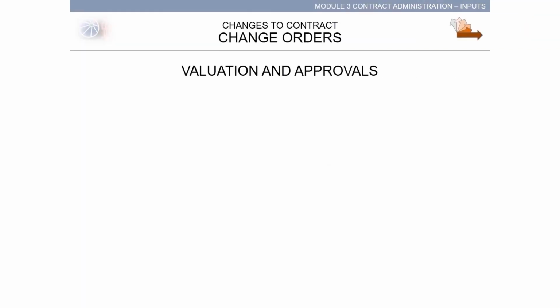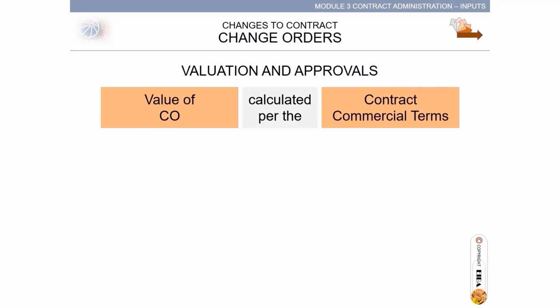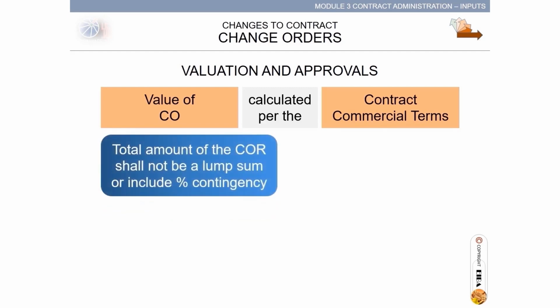Evaluation and approvals for changes. The value of CO, change order, is calculated per the contract commercial terms, such as those in the schedule of rates. The total amount of the COR shall not be a lump sum or include percent contingency, since this has to be itemized and the contingency is factored in the bid price.